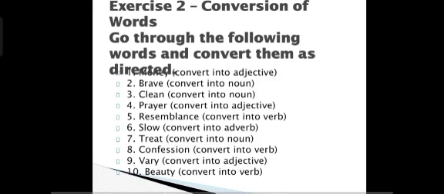Prayer, convert into adjective. Resemblance, convert into verb. Slow, convert into adverb. Treat, convert into noun. Conversion, convert into verb. Vary, convert into adjective. Beauty, convert into verb.